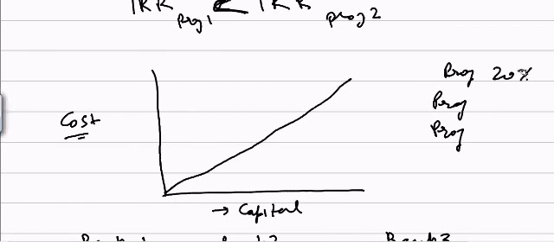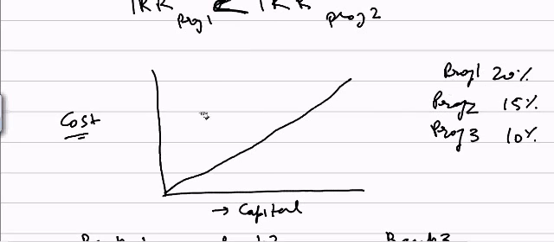So your first investment will be here. And then as you try to invest more and more, your choices for good projects will go down, and you will be left with projects which provide lower returns.